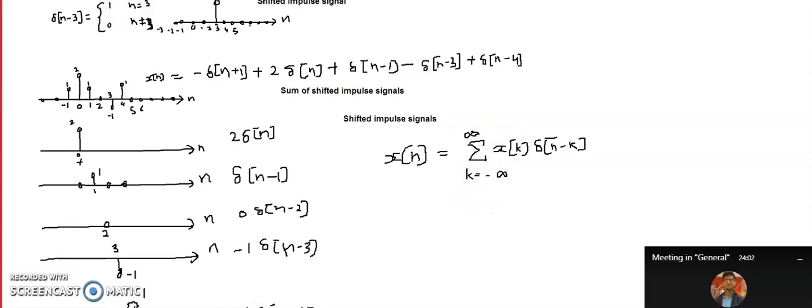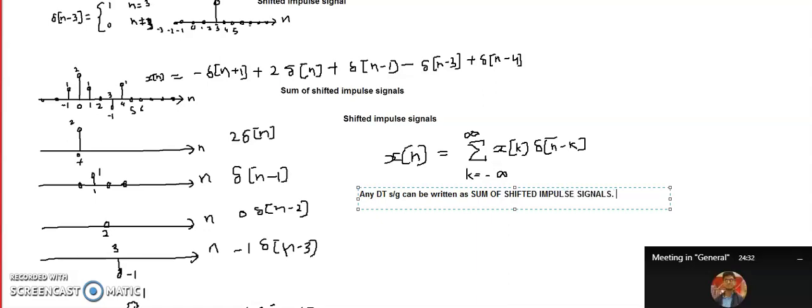So any discrete time signal can be written as sum of shifted impulse signal.